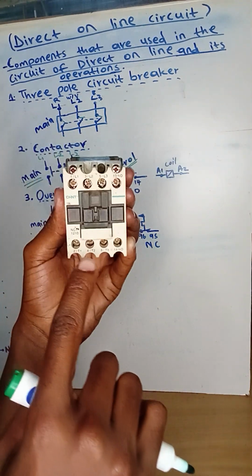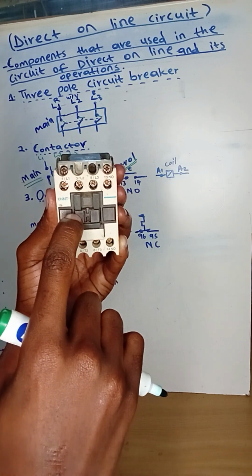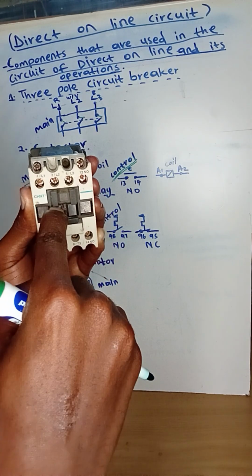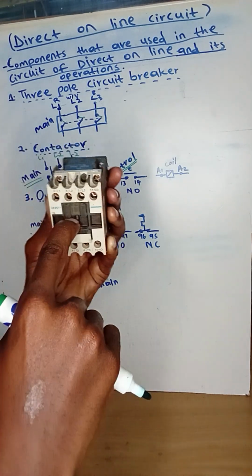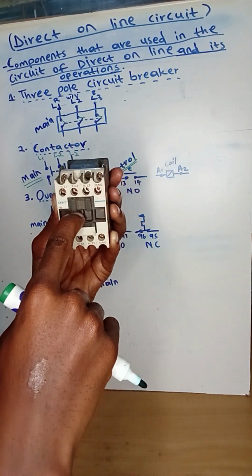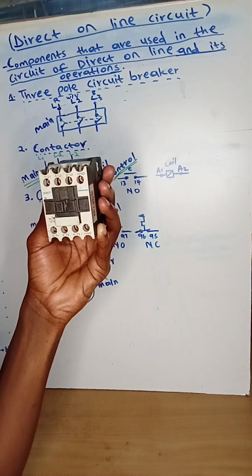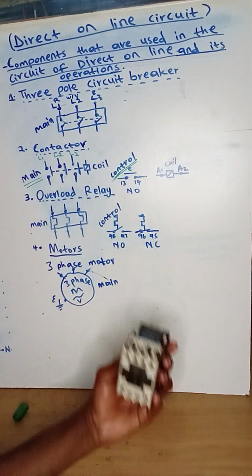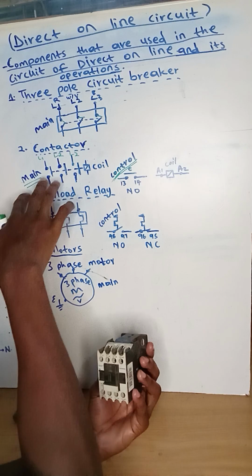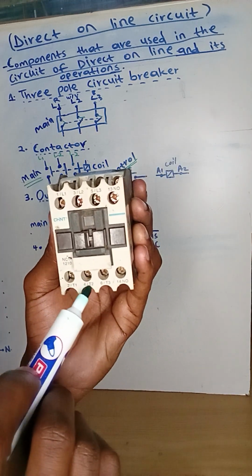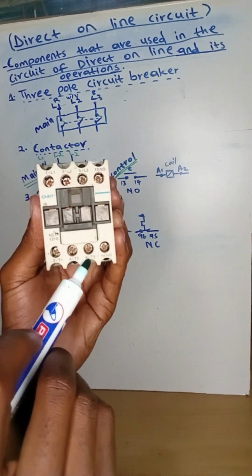So when they are closed, this button will be pushed back, which means the contacts will be closed. But right now, the contacts are open, which means they'll be pulled back.